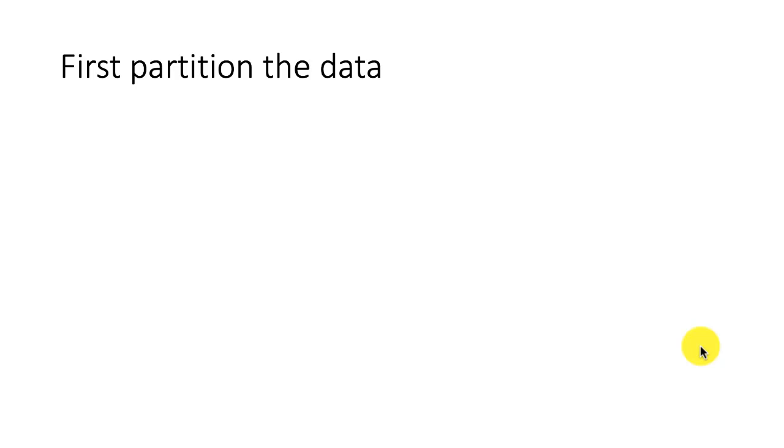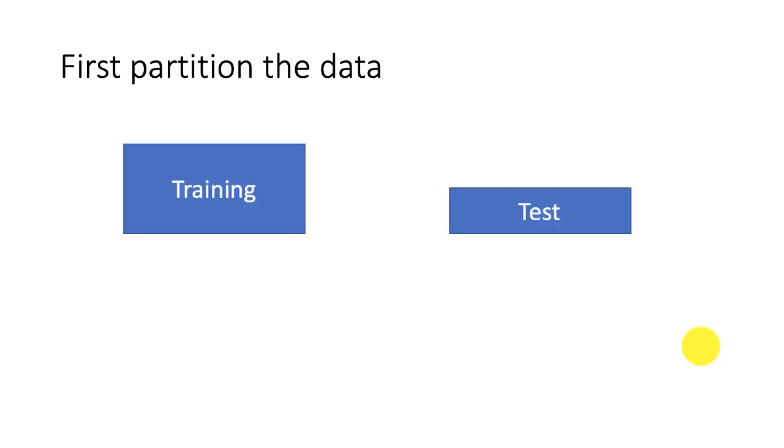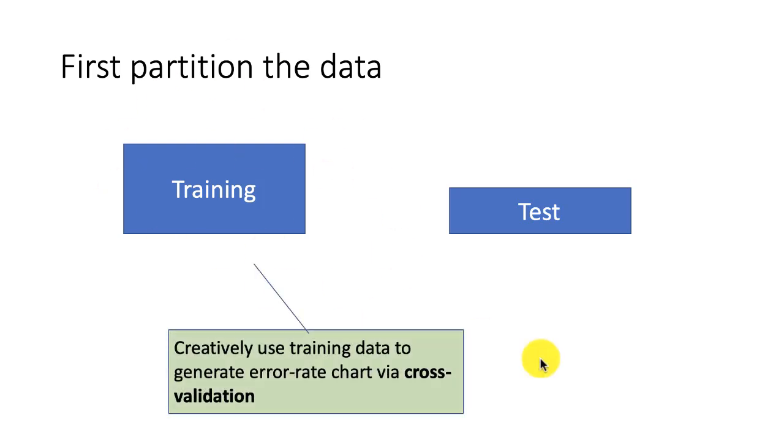In cross-validation, as usual, you divide the data into training and test, and then we build the tree on the training data. But what they do is creatively use the training data to generate the error rate chart that we saw earlier, where in the test data the error rate goes down and then starts going up.